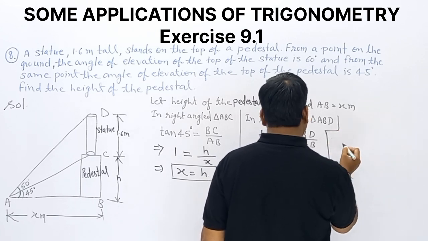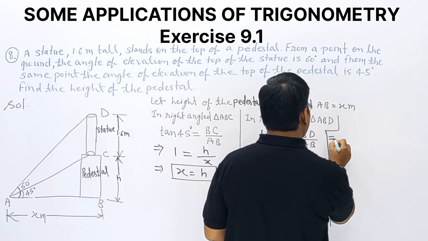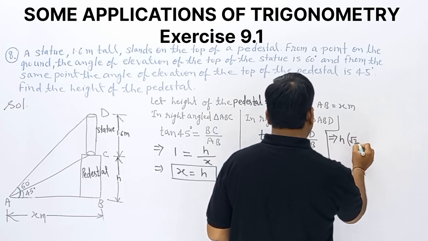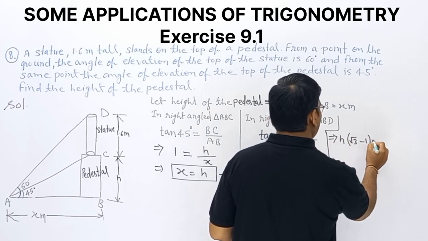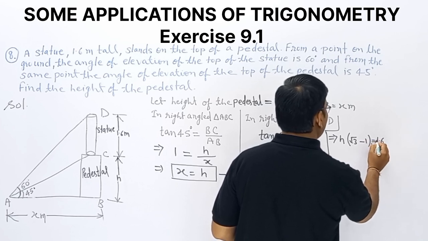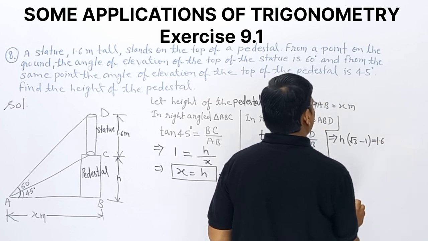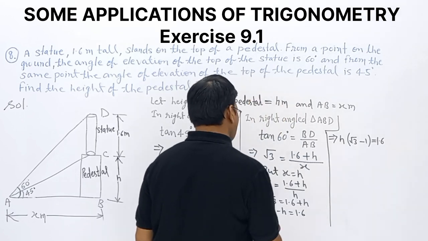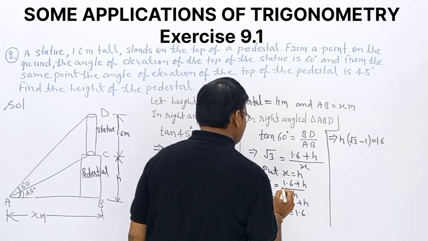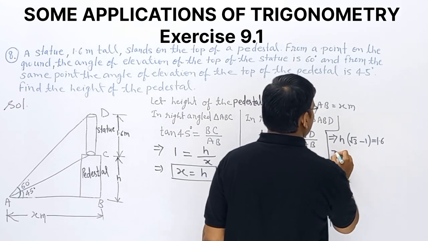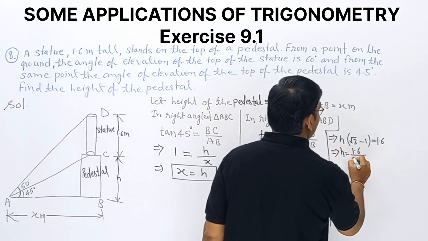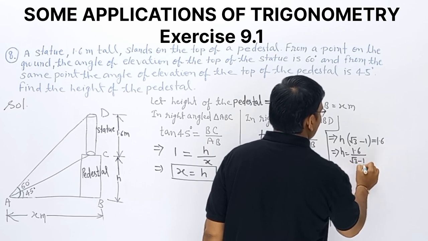After this, H is common, then the remaining is square root of 3 minus 1 equal to 1.6. We want the H value. So H will be 1.6 divided by square root of 3 minus 1.